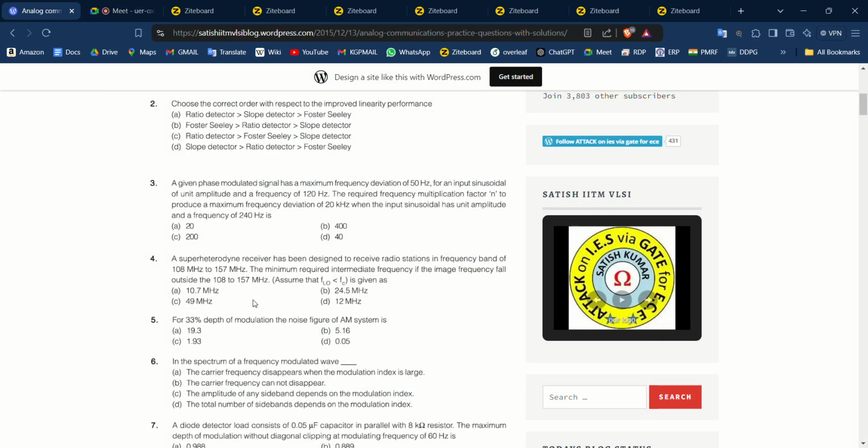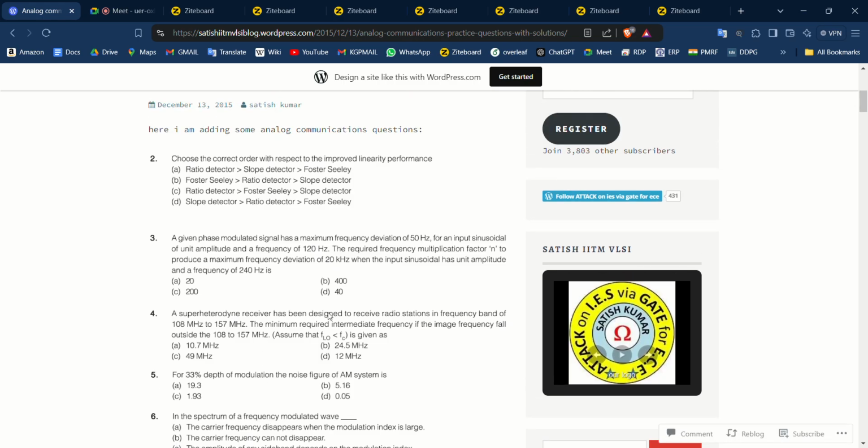So the minimum required intermediate frequency is such that the image frequency falls outside of the 108 to 157 MHz range. There is a carrier frequency, a local oscillator frequency, and then there is the image frequency. The image frequency must fall outside the receiving range.